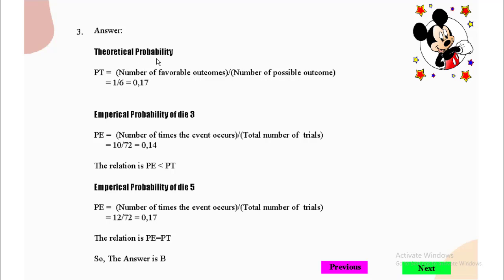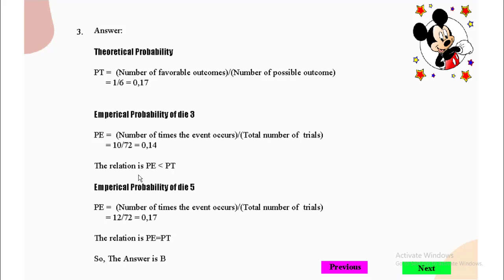Okay, number 3. For the first, we search the theoretical probability. PT is the number of favorable outcomes divided by the number of possible outcomes, which is 1 divided by 6, and the decimal is 0.17. And then the empirical probability of 3: PE is the number of times the event occurs divided by the total number of trials, 10 divided by 72, and the decimal is 0.14.